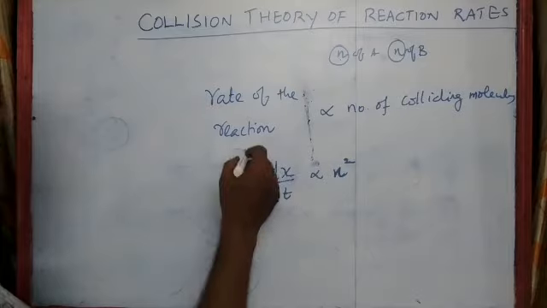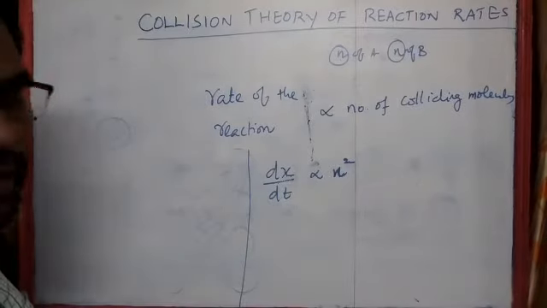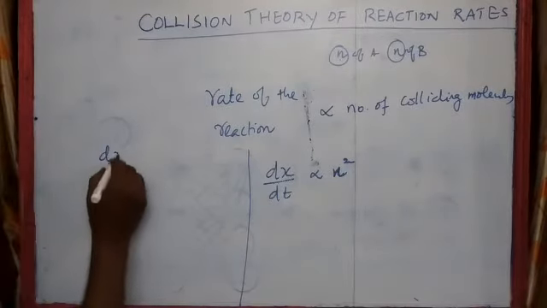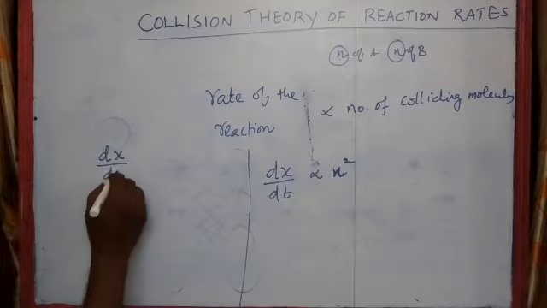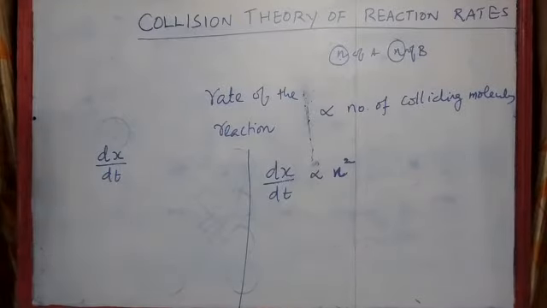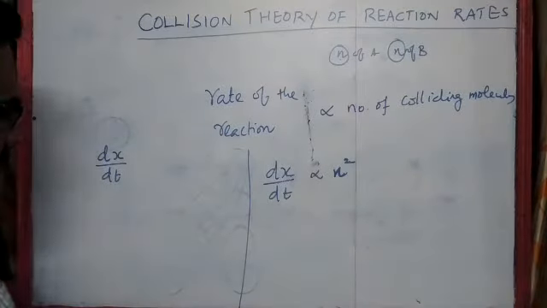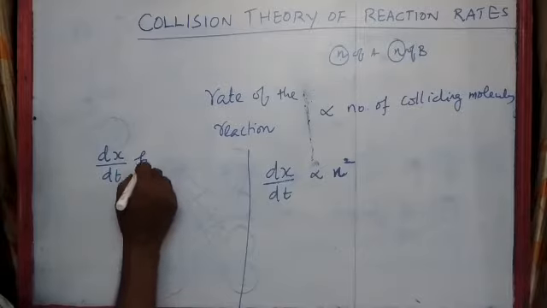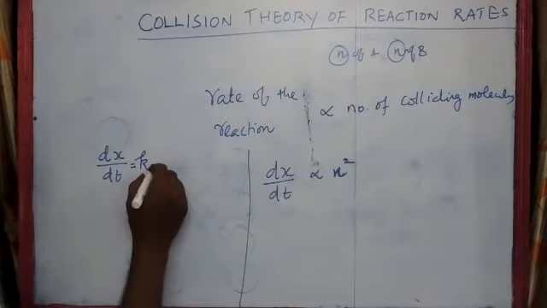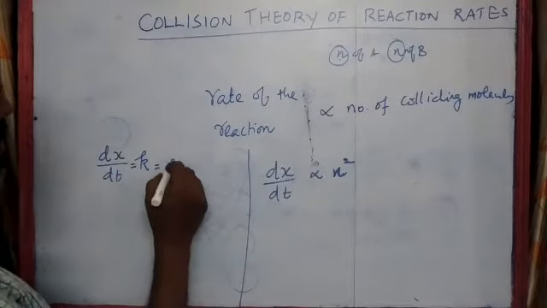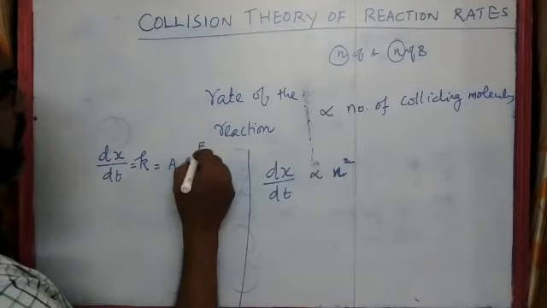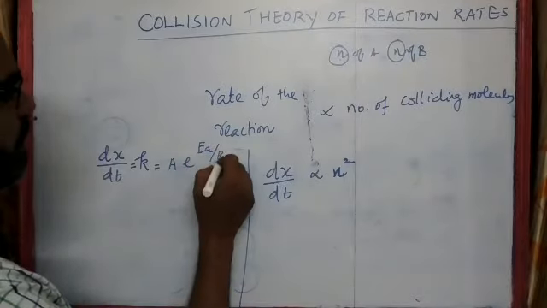Now let us take the rate of the reaction between the reacting molecules, dx/dt, according to the Arrhenius equation: k is equal to A e power minus Ea by RT.